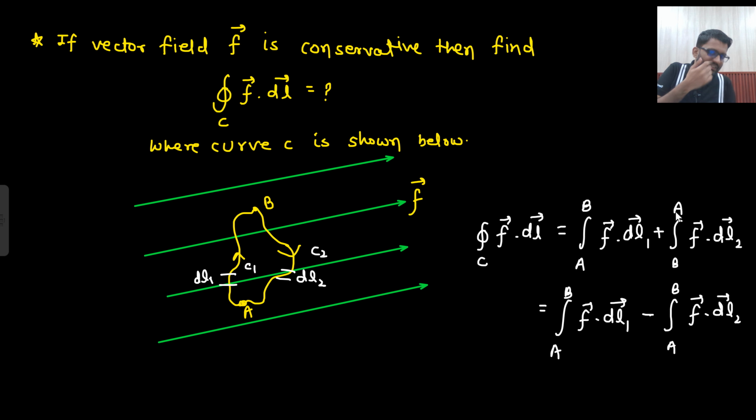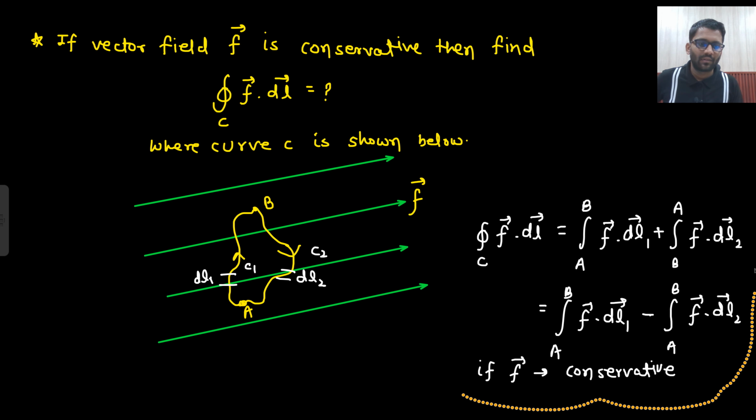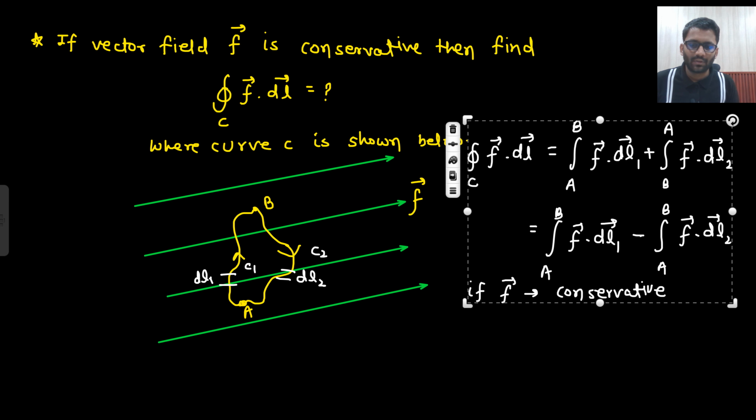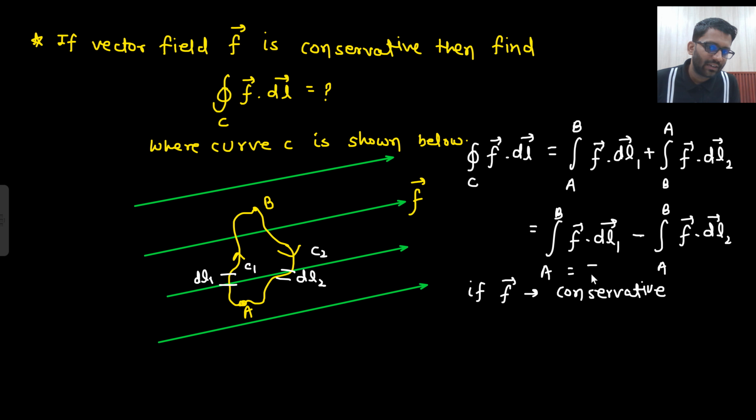I have just interchanged the limits. If I interchange the limits, then a minus sign will come. If F is conservative, let's call this one I1 and the other one I2.